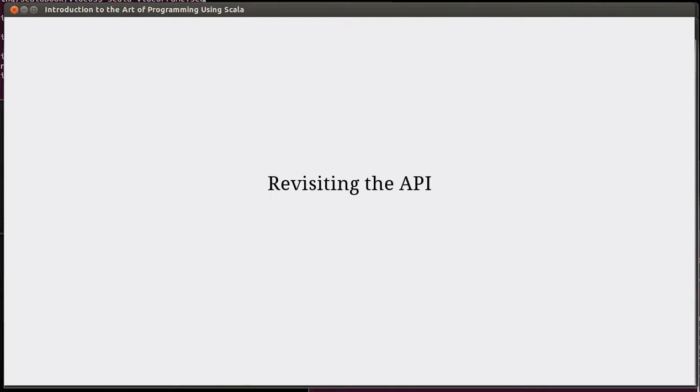Given what you've just learned about class declarations and object declarations, it's worth taking a bit of time to revisit the API and look at what's in it and help figure out how to read it. Up until this point, you've had to be a little bit more scattershot in your approach to reading the API, because you haven't necessarily had the knowledge to really understand exactly what was going on.